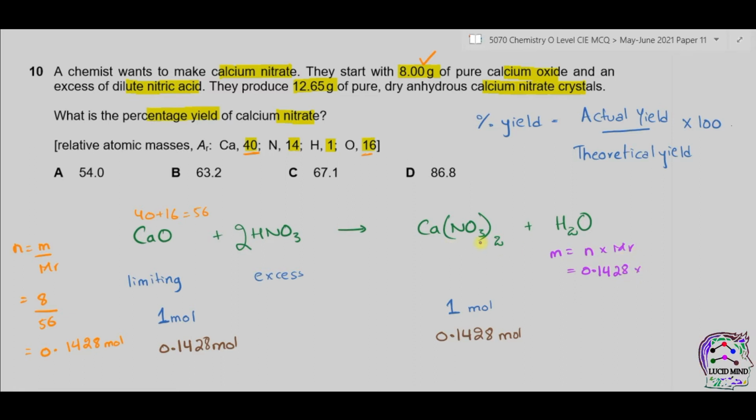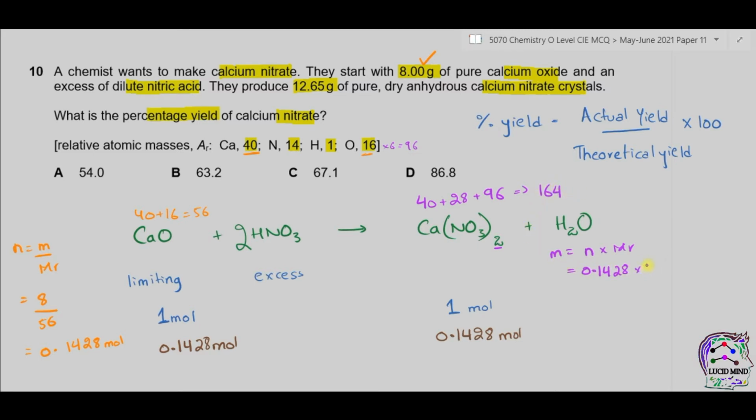Let's find the molecular mass of calcium nitrate. We have 1 calcium, 40, 2 nitrogen atoms, 28, 6 oxygen atoms are present. So 16 times 6 becomes 96. We can add them together, it forms 164.